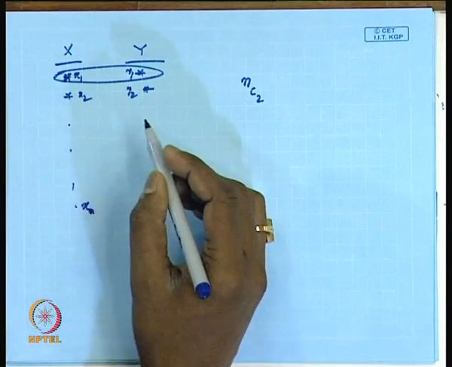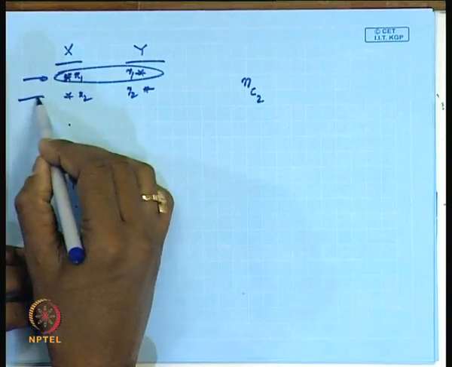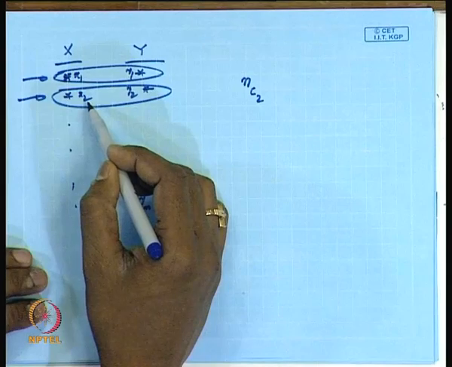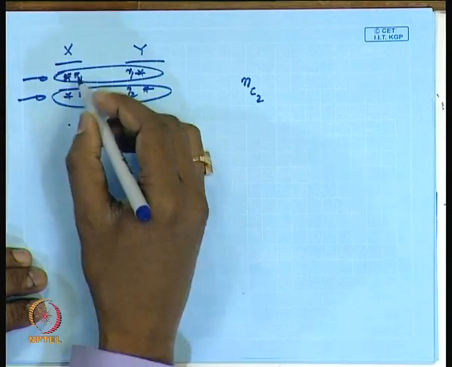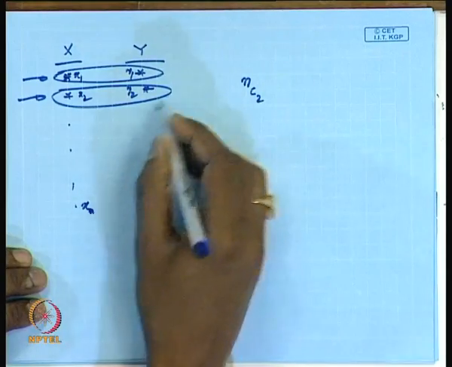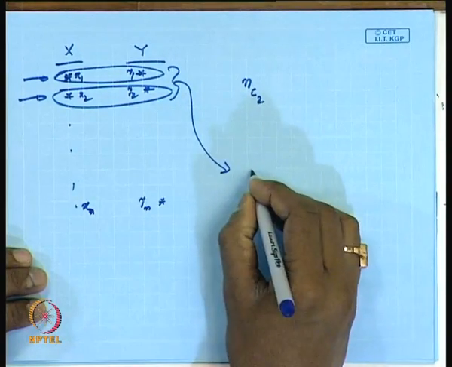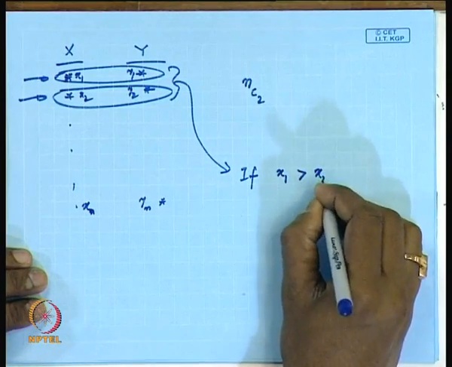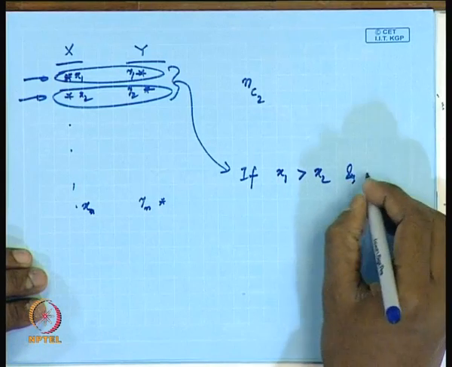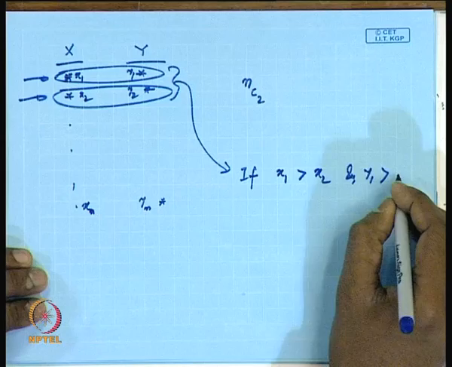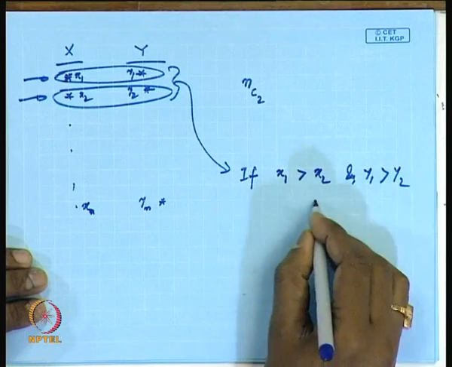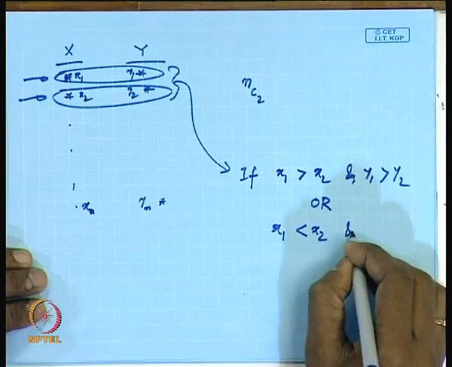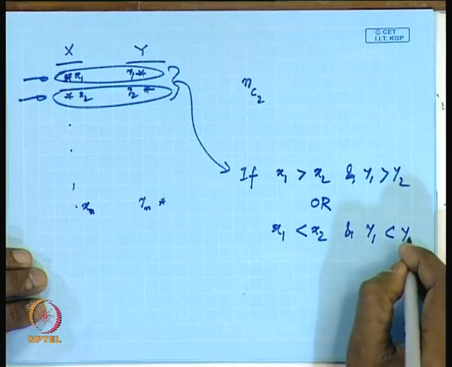Now, after you pick up, say for example, the first pair and the second pair, you have to know whether these 2 pairs are concordant or discordant. Suppose x1 is greater than x2 and y1 is greater than y2, or x1 is less than x2 and y1 is less than y2.